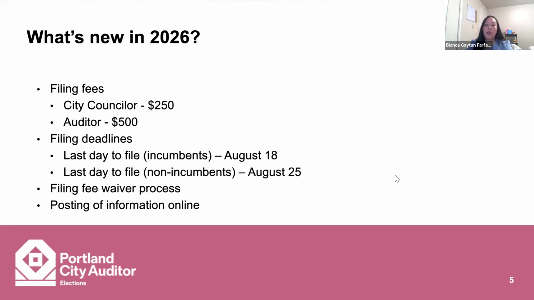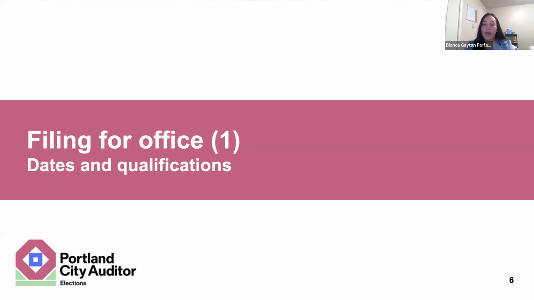And lastly, the posting of information online. New changes to state law require online posting of candidate information, such as the candidate name and the offices sought for each candidate. So that information will be posted onto the city elections website. And again, there's more information in the candidate guide as well. So next slide, please. And one more.